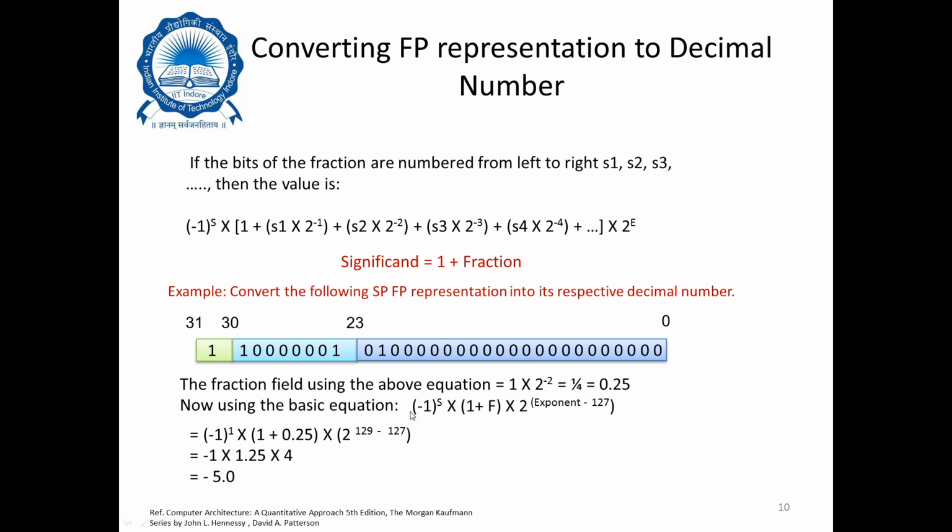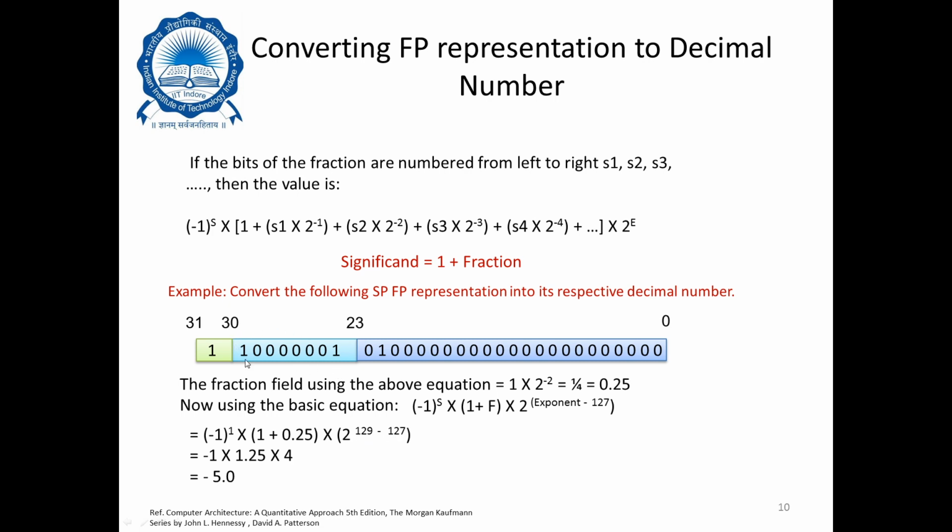Now going by the basic equation, minus 1 to the power s multiplied by 1 plus f multiplied by 2 to the power exponent minus 127. So it becomes minus 1 to the power 1, because we have a 1 here, multiplied by 1 plus 0.25, which is the fraction part that you have already computed, into 2 to the power of 129 minus 127.